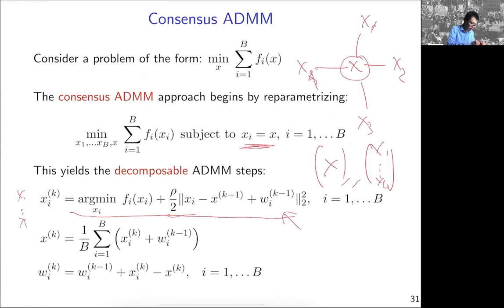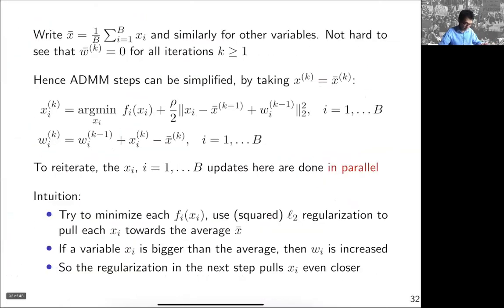Call this the z variable, and then it becomes a standard ADMM. Because of this formulation, everything becomes decomposable, and we can solve the first objective in a distributed system or in parallel. So that in some sense addresses the problem that we started off with, and addresses the limitation of the augmented Lagrangian method.